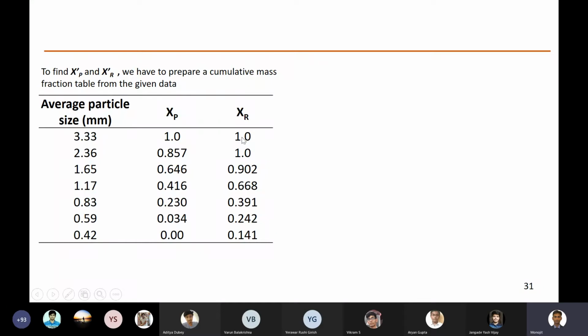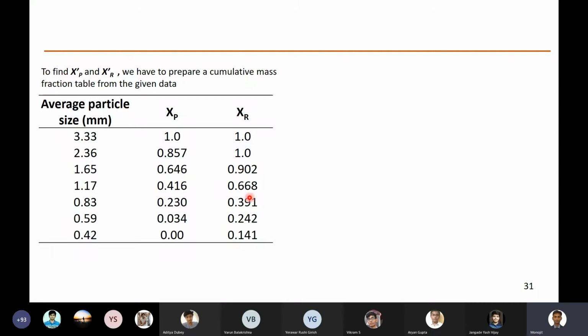Another tricky question. See this reject. So why do you have 1 in here and here also? Can you comment anything by looking into this table? Okay, by looking into the table only, can you tell me the weight of particle which is having size 2.36 millimeter in the reject stream?